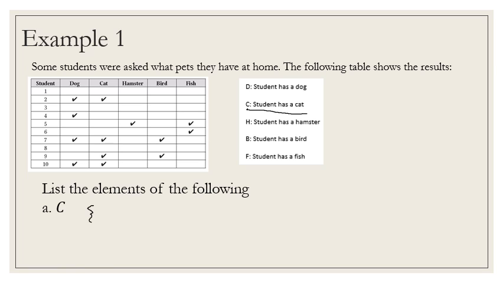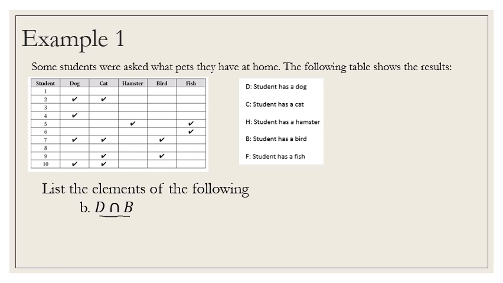So if we go here to cat, students 2, 7, 9, and 10 have a cat. So we would write 2, 7, 9, and 10. It's not too bad. Next we're given D and B.